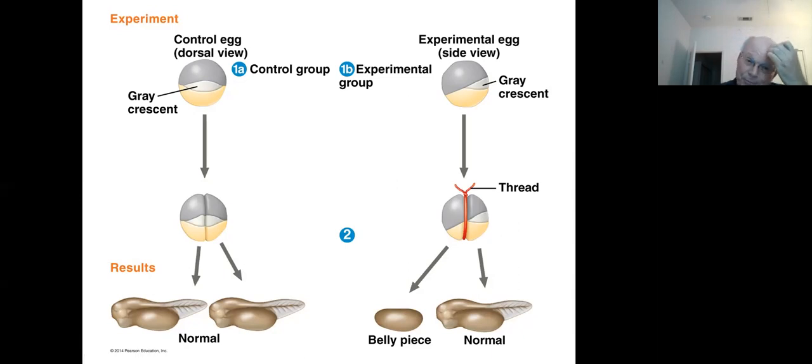Something happens to split that cell mass into two. And because those cells are considered to be totipotent, it's a term that I will mention again a little bit later, but the term totipotent simply means that they have the capacity to become every particular cell type present in the body of the organism.